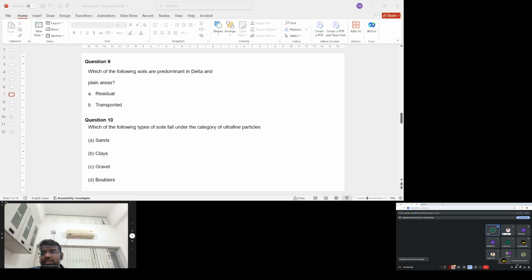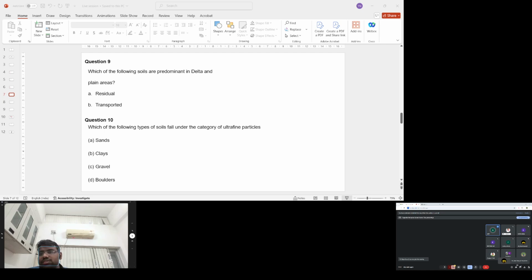So what happens in that case? What happens to its velocity when a river enters a plain? Velocity and turbulence both will reduce. It reduces, right?